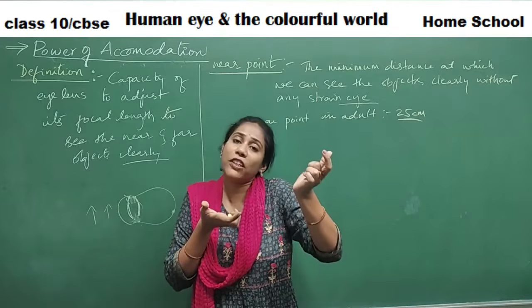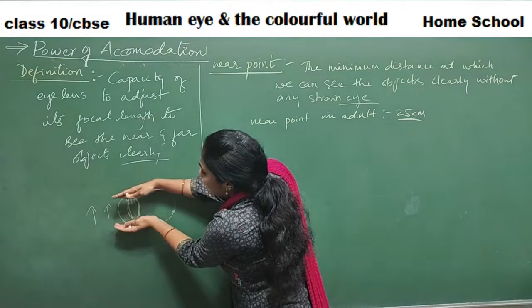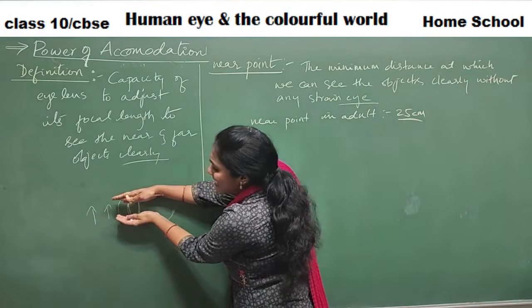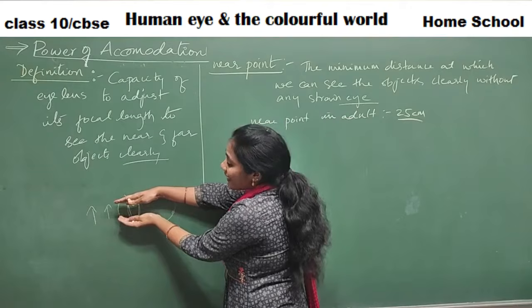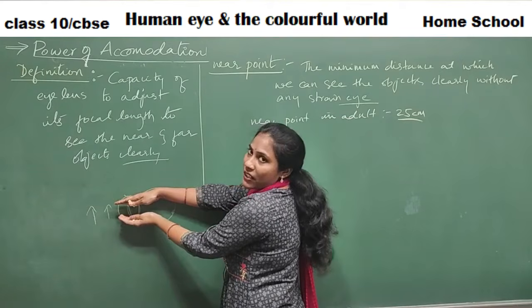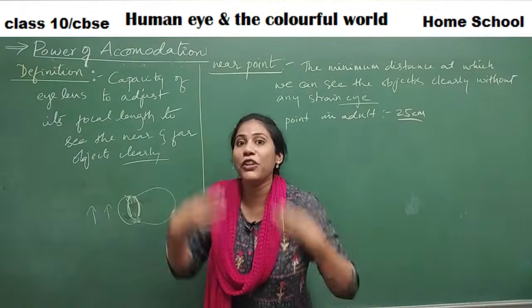It has a limit for the compression. At a certain point, it will not become much thicker. It will stop there, and at that point of time, you feel strain in your eye.